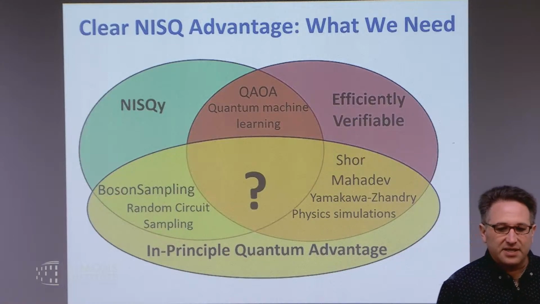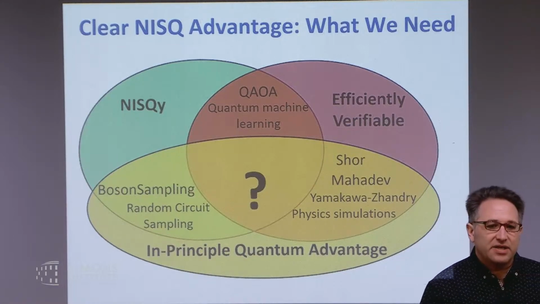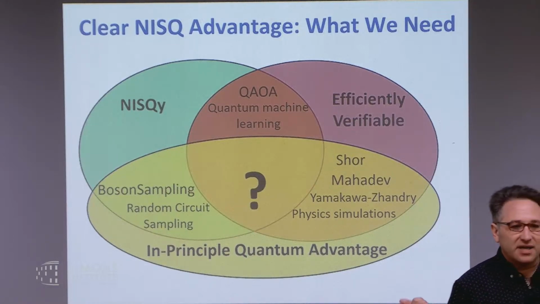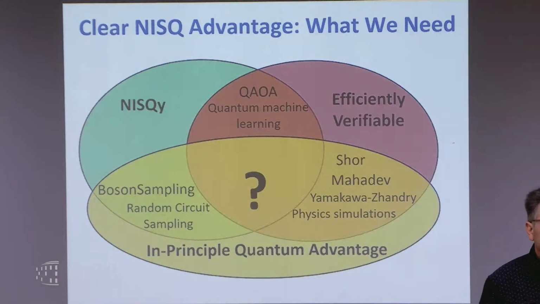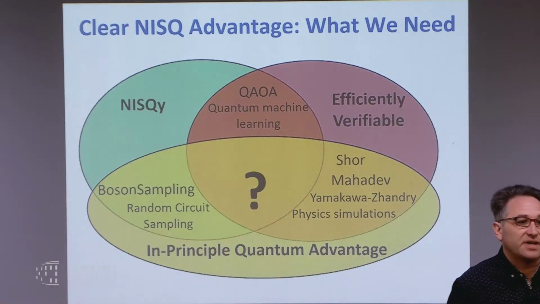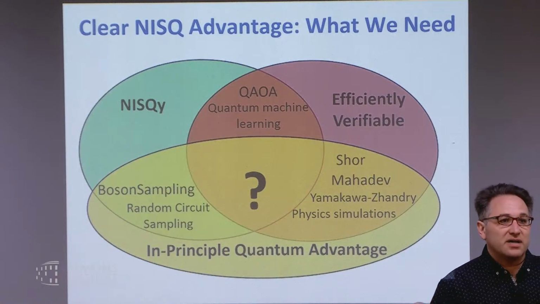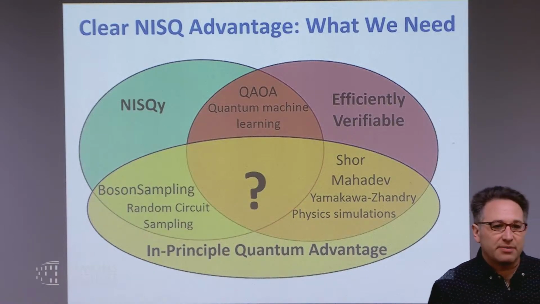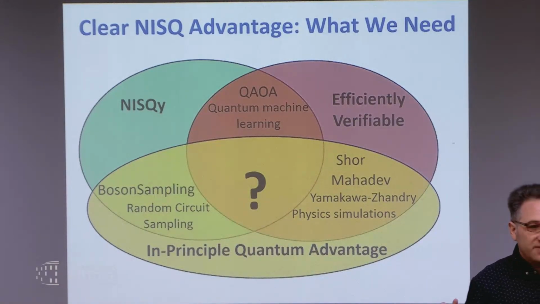that was done by the group in China, that was done at Xanadu, now QuEra, others have done these experiments, sampling hard probability distributions, and this is really neat.